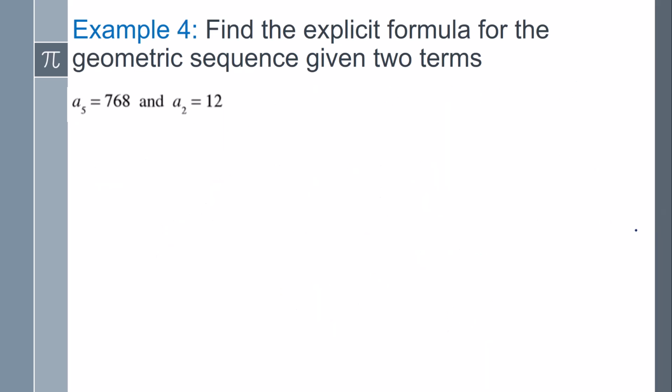Next one. Now we're going to do the same thing, except now it's going to be geometric. So my geometric formula, a sub n equals my first term times r to the n minus 1. And so here is my n, here's my a sub n. So for my first one, I can construct it. I'll do the smaller one, why not? So a sub n equals a times r to the n minus 1.